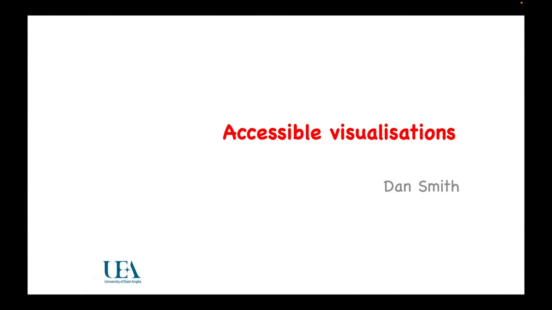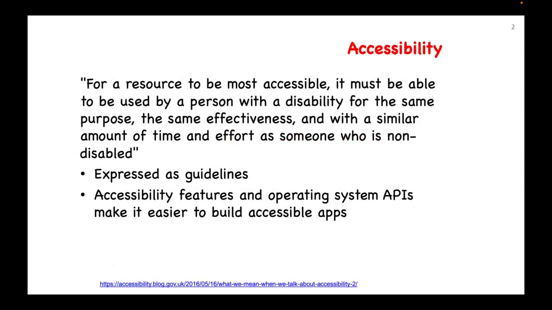Okay, so this is a little bit about accessibility and visualization, because we have been talking about seeing things and looking at things. We have to remember that not everybody can see very well. So what can we do about it?